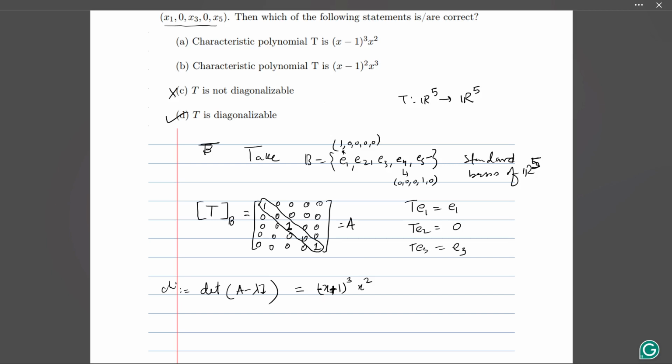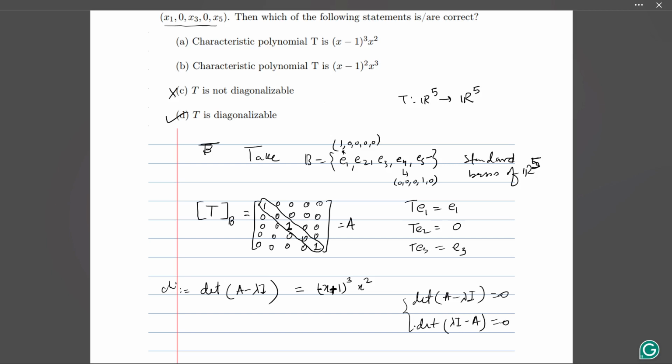No need to change, but when you solve the characteristic polynomial, it means the characteristic equation. This equation, determinant of A minus lambda I equal to 0, and determinant of lambda I minus A, they are the same.